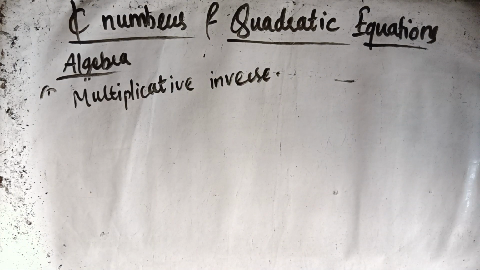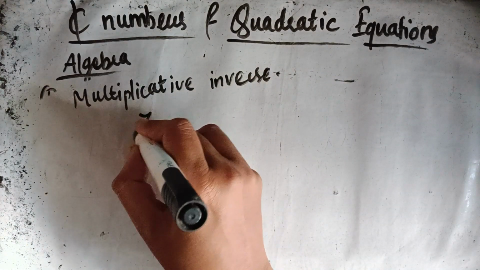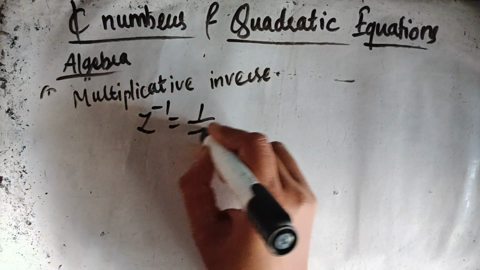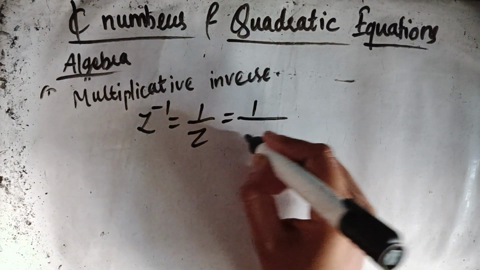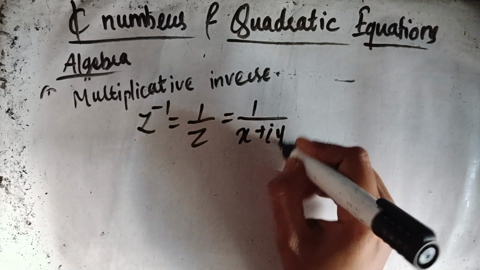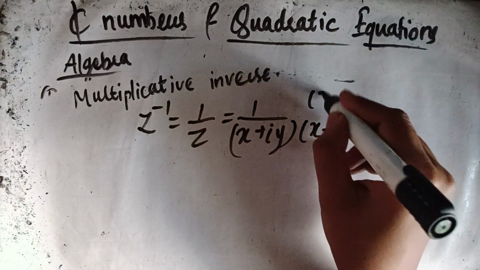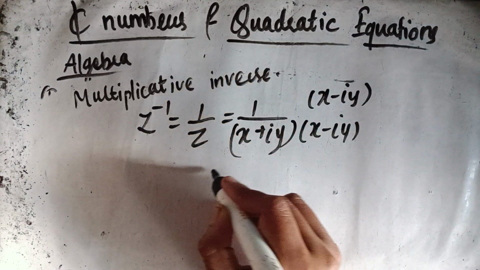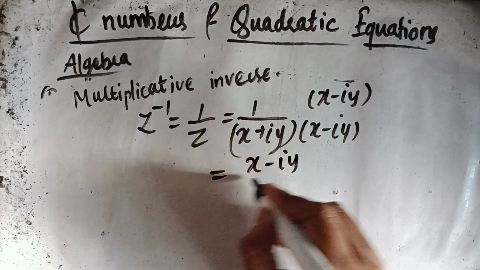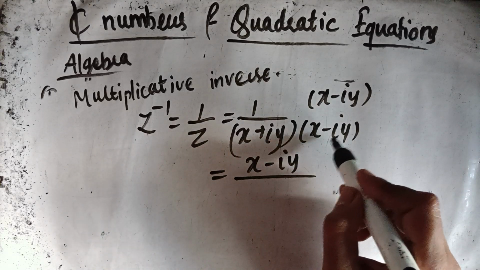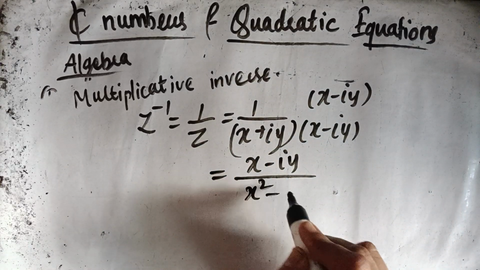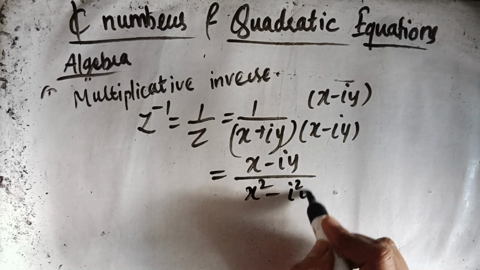So for multiplicative inverse, z inverse is 1 upon z. So 1 upon x plus iy. So you have to rationalize this: multiply by x minus iy over x minus iy. This is (a plus b)(a minus b), so x square minus i square y square.